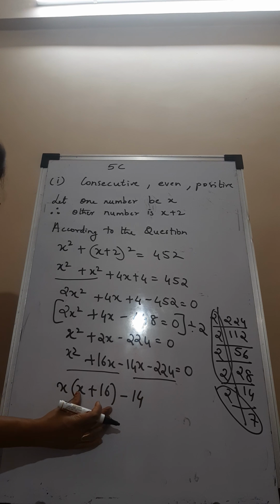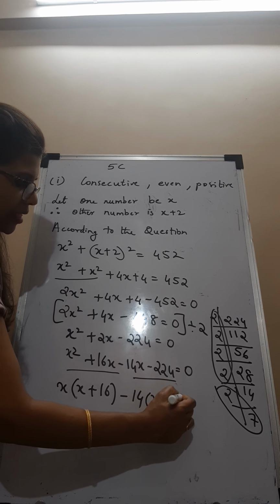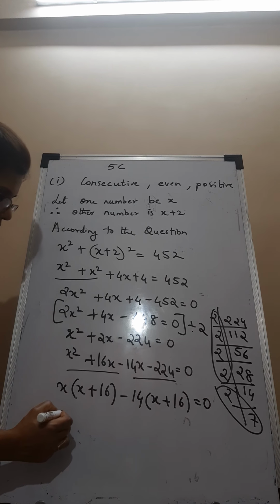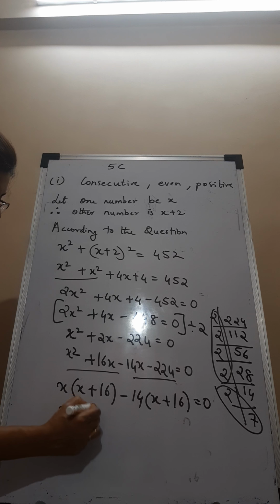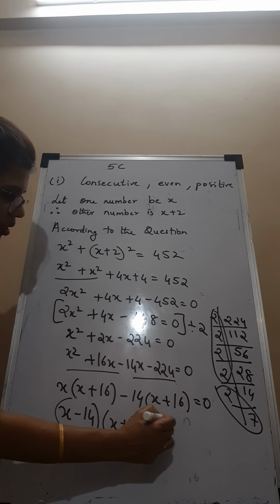So the term which is there in the bracket should be the same. That means the binomial term should be similar to this. So here you will get x plus 16 is equal to 0. Then you group it as x minus 14 bracket x plus 16 is equal to 0.